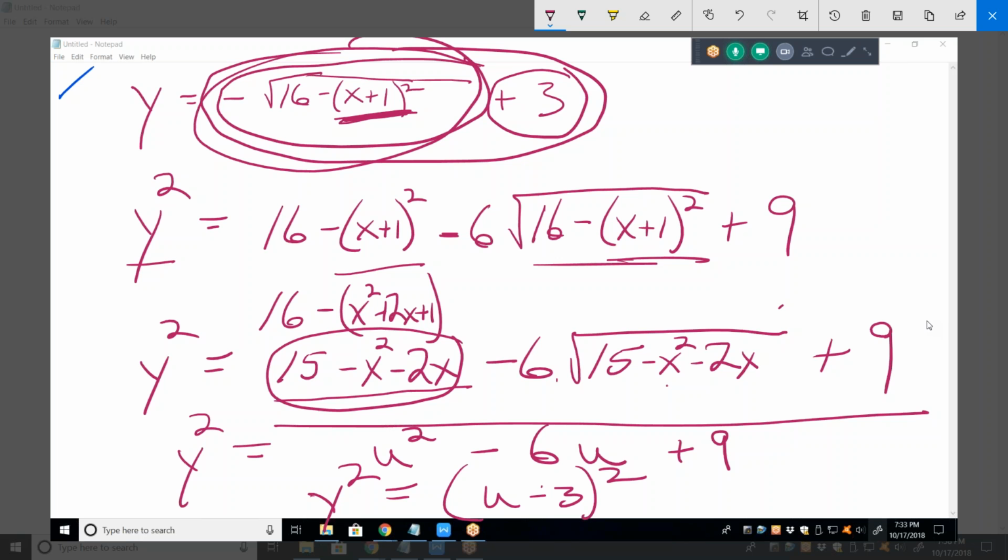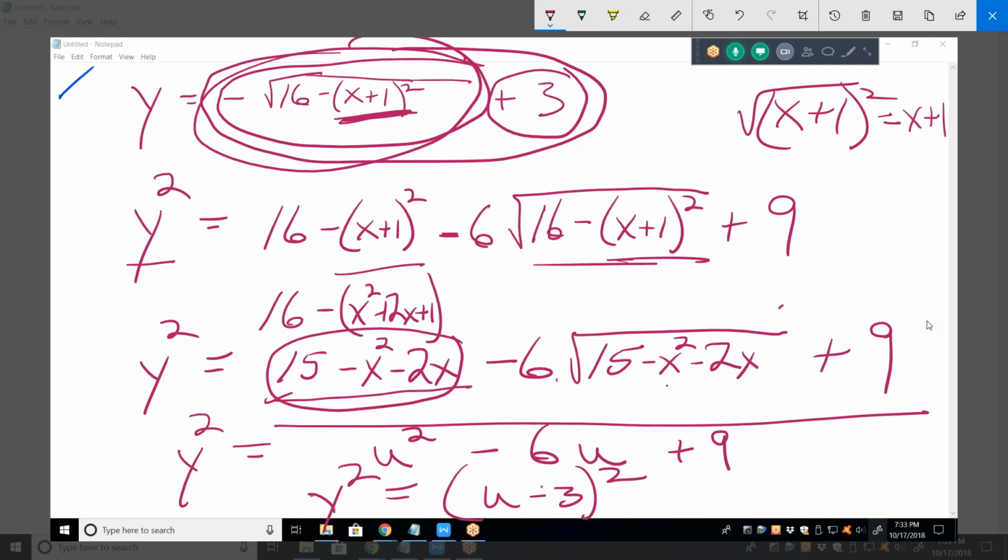But the problem is that you cannot take the square root of something that's not a perfect square. I could take the square root of that, which is merely x plus 1. So when we simplify what's inside the radical, we get basically x squared with a 15 on the end of it. And there is no square root of that. So there's no way we can apply the radical sign to that.